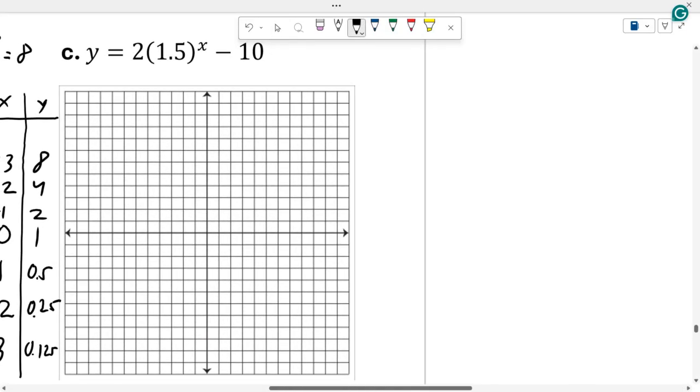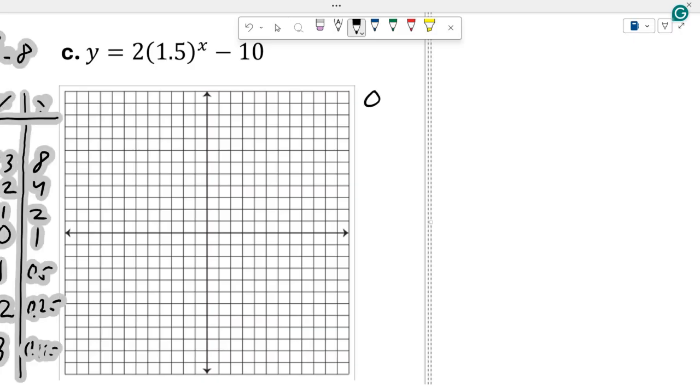All right. C. So for C, we again have an exponential function. Our base is 1.5. We also have a stretch here of 2, and we have a vertical shift of -10. So a little different. I would say if you don't know what to do here, you can always rely on generating a table of values to see what happens.